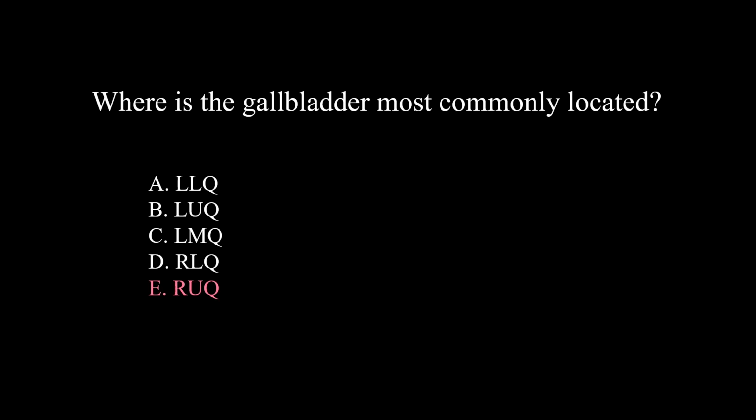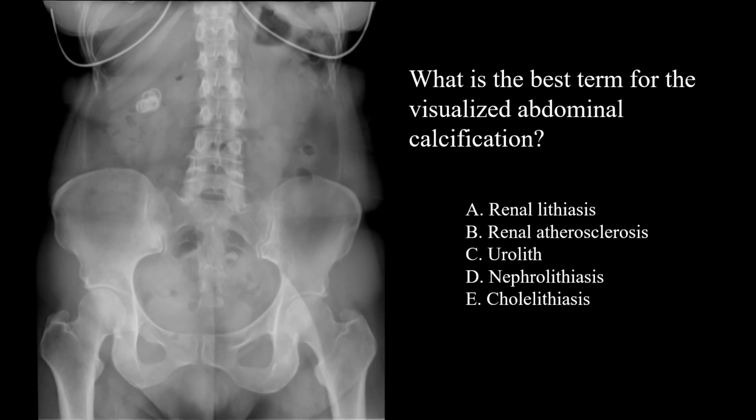And it is most commonly seen in the right upper quadrant or maybe the right middle abdomen. And what is the best term for the visualized abdominal calcification? And that would be cholelithiasis.